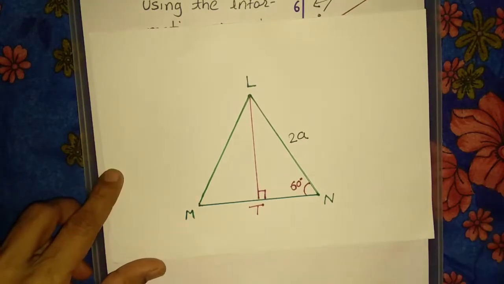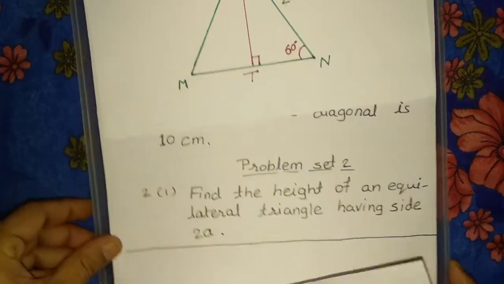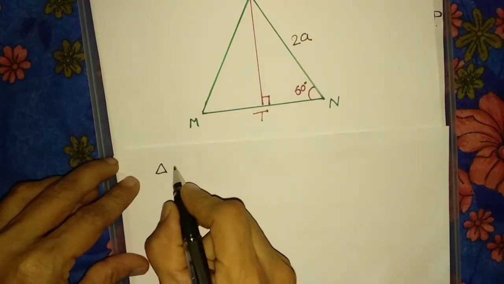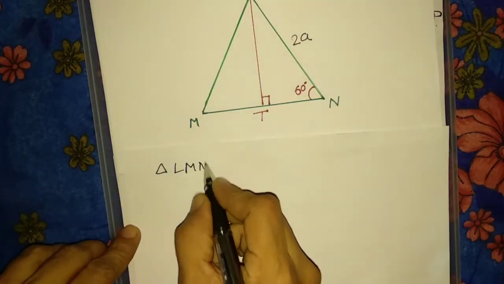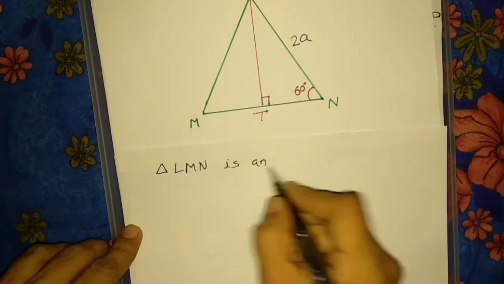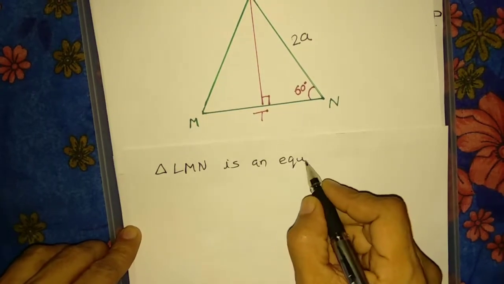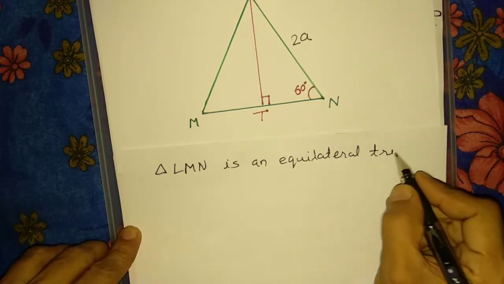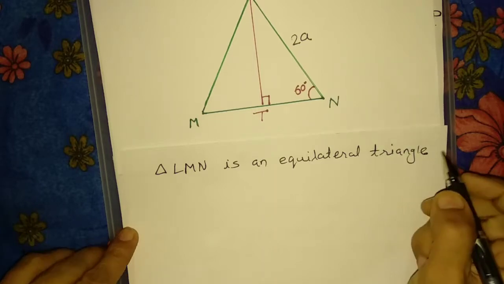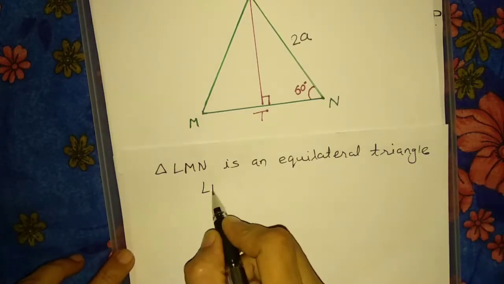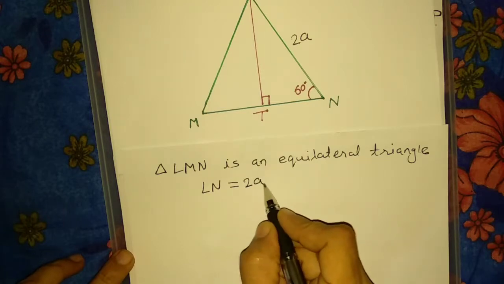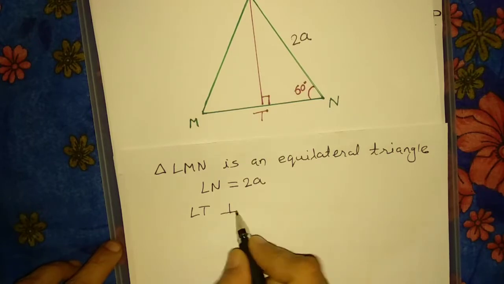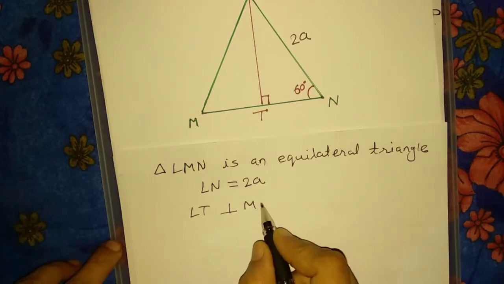To find solution, first we will write, triangle LMN is an equilateral triangle with side LN is equal to 2A and LT is perpendicular on MN.